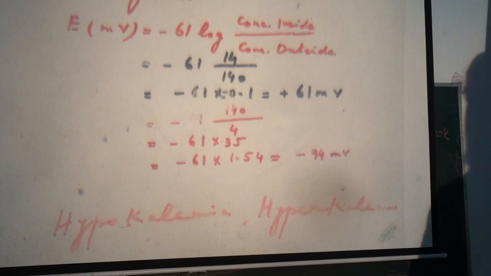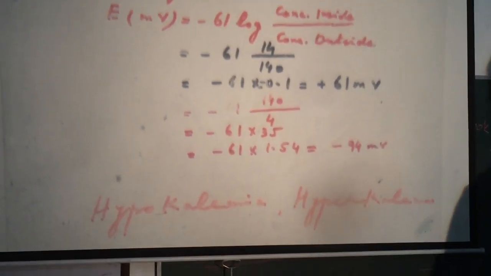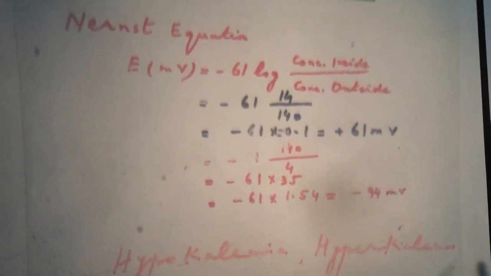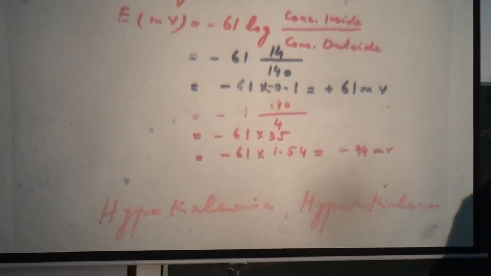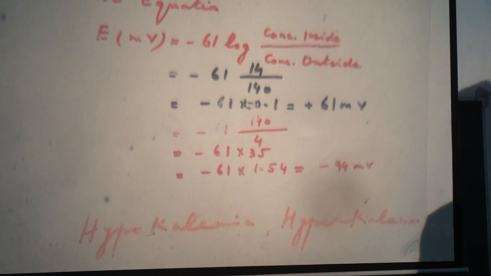More negative, and that is called hyperpolarization. So in hypokalemia, there is hyperpolarization, more negative resting membrane potential. In hyperkalemia, less negative resting membrane potential.